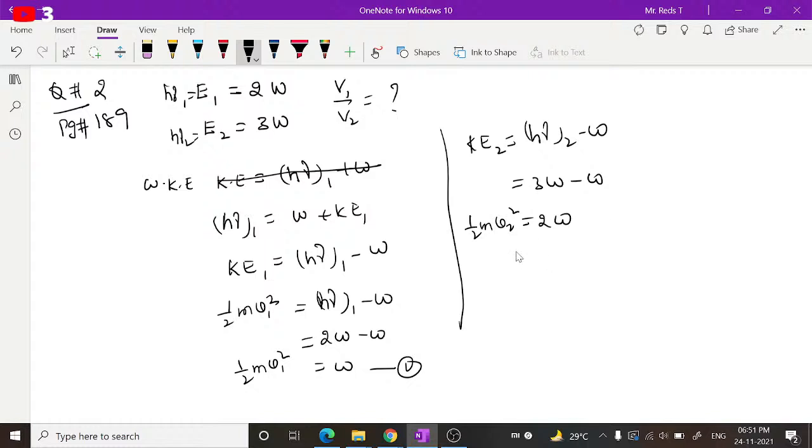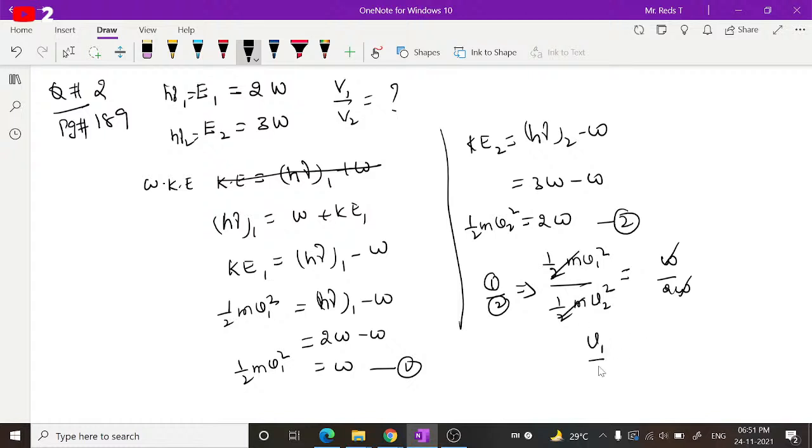Let us take this as equation 2. By taking the ratio of 1 and 2, half m v1 square by half m v2 square is equal to W by 2W. W gets cancelled, half m also gets cancelled. So v1 by v2 whole square is equal to 1 by 2. v1 by v2 is equal to 1 by root 2.